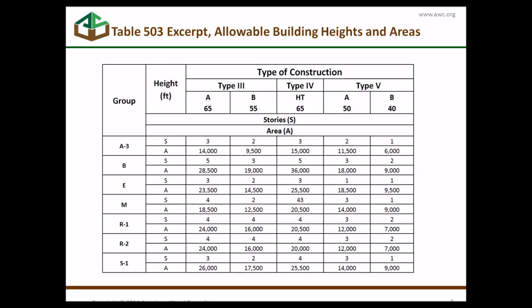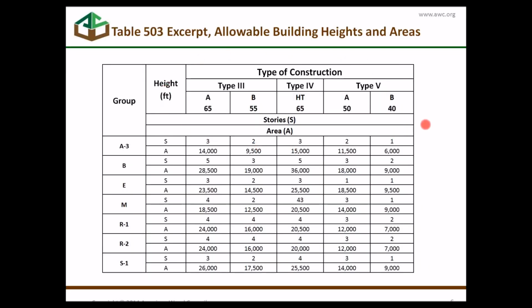And what you have here is a small excerpt of Table 503 right out of the International Building Code. I've only included here the construction types that are applicable to wood frame construction. So this is a truncated table, and I picked some representative use groups over here on the left.